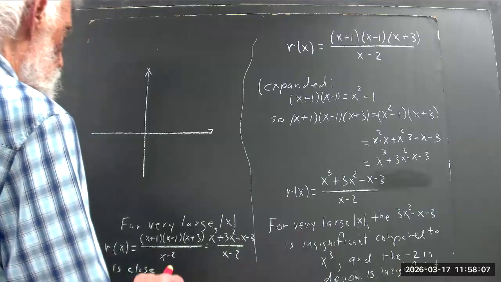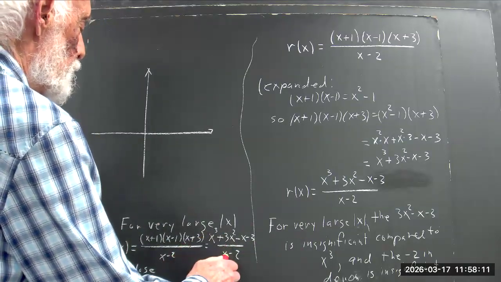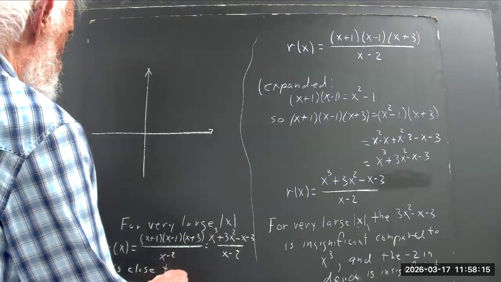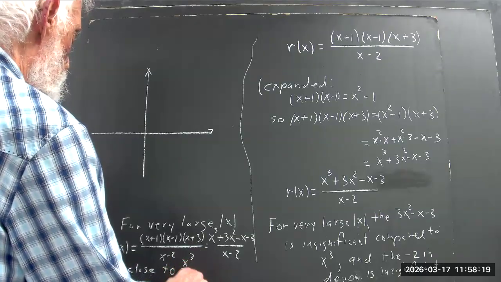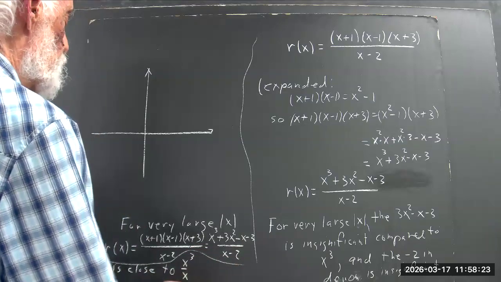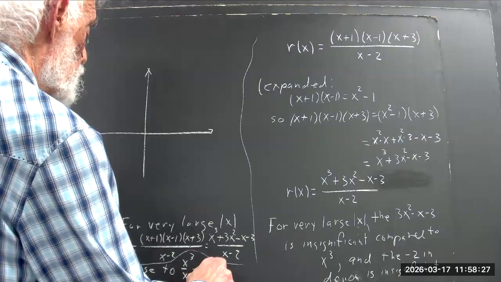It follows from what I said here that the only significant terms are the x cubed in the numerator and the x in the denominator. So that this function is close to x cubed over x. Of course, x cubed over x is just x squared.